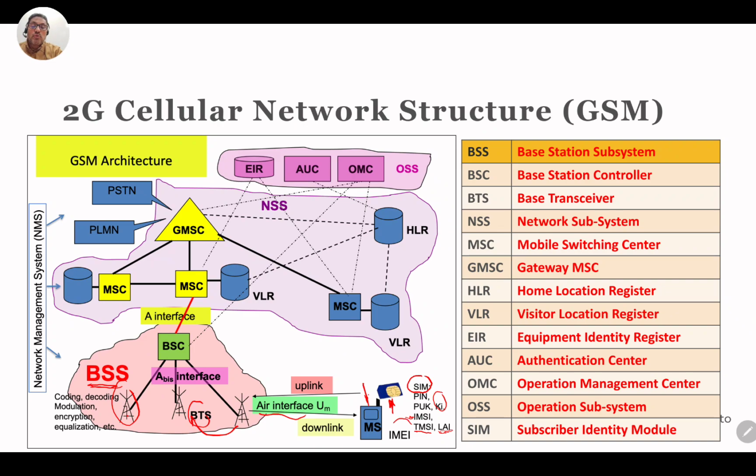Then we have also the identity of the mobile equipment. The international mobile equipment identity is a special code that we all know, and we can check that number. If you dial star hash 06 hash, something like that, then you can read the IMEI on your mobile phone, and you can find it also on the box of your mobile.